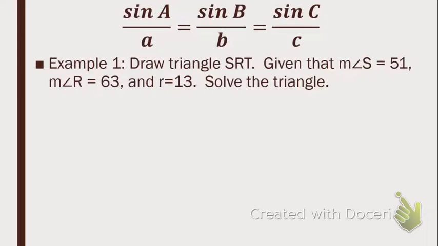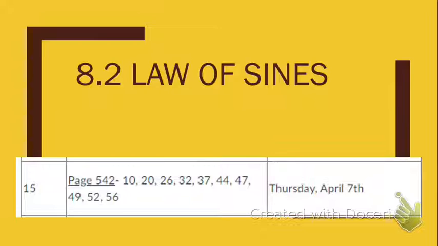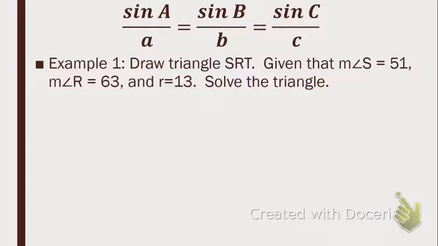So the law of sines simply says, so for the law of sines, this is the law of sines. So go ahead and copy that down. And I'll give you a second to copy down example 1, and then we'll work through it together.